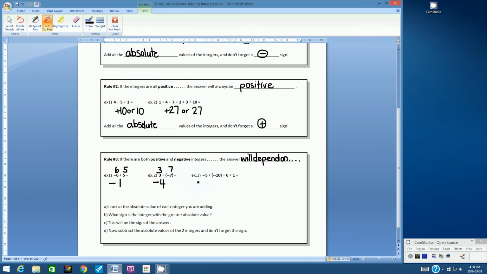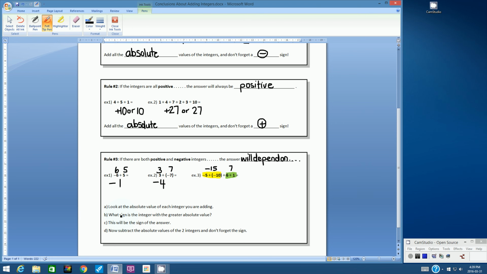Okay, so what happens when you get a situation like this, where you have a couple of negative integers and a couple of positive integers? The first thing is, let's group the negative integers together. -5 and -10 are -15. And then I'm going to group the positive integers together right here. 6 plus 1 is 7.